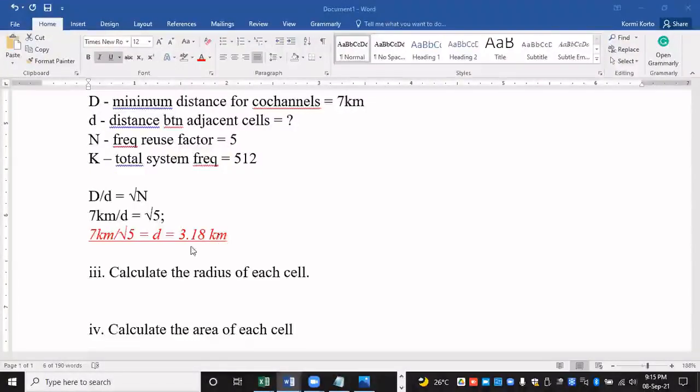Actually, it's 3.13. You can even say 3.1, because if you were to round it up, it's not up to 5 yet. So 3.1 or 3.13 is okay, it's what you should be getting for this particular question.